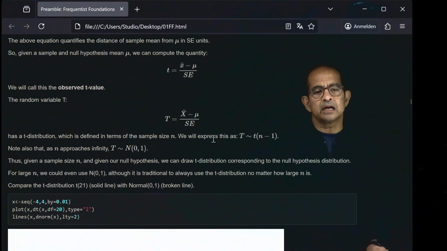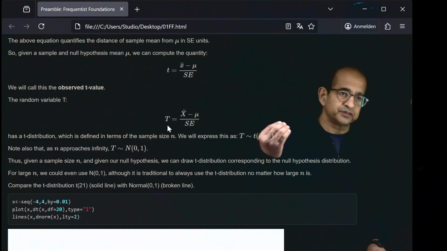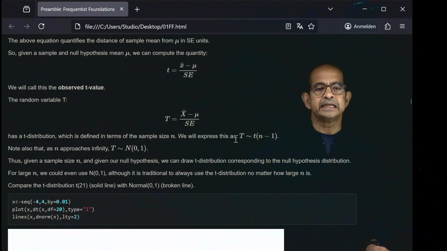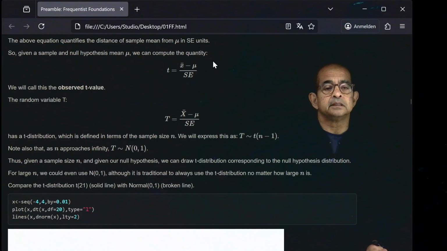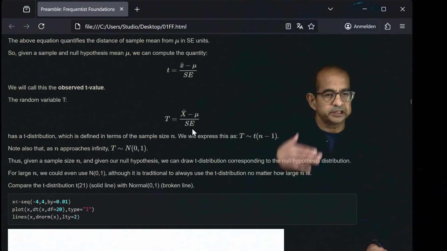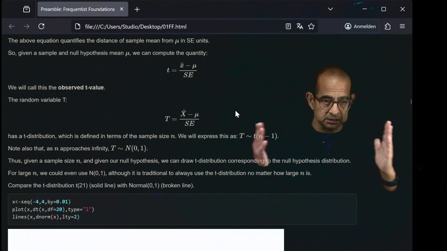And we can write down the random variable that produced the observed t values under hypothetical repeated sampling in this manner here. Capital X bar represents the sample mean that we would compute repeatedly. The mu sub 0 is our null hypothesis value, and I can write it as mu as well. It's understood that this is the null hypothesis value here, and the standard error would be in the denominator because that's the way we normalize the distance.